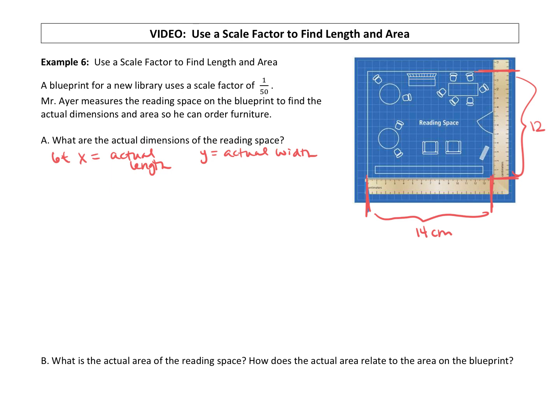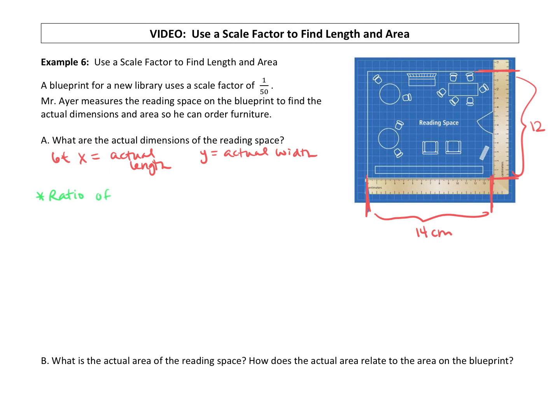So what we're going to do is set up a ratio of the image side length to the actual side length. This is what we're calling the image right here, because it's a blueprint. So let's make a note.